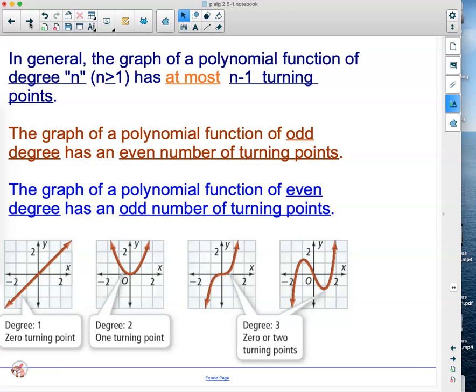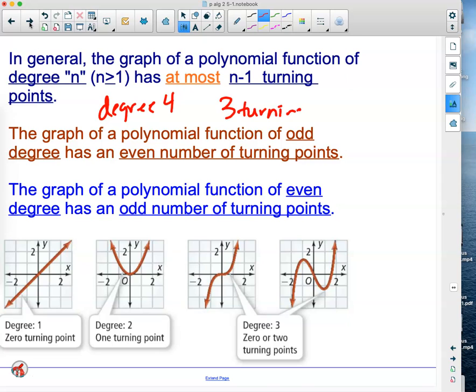So if it's a degree 4 polynomial, if you take 1 away from that, it could have as many as 3 turning points. It doesn't have to. It might just have 1. But at most, it will have 3.